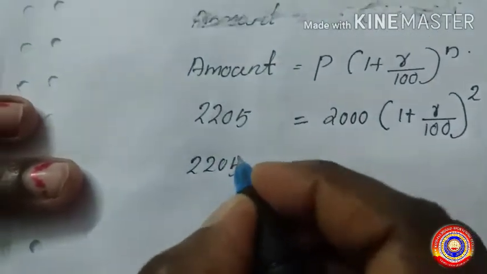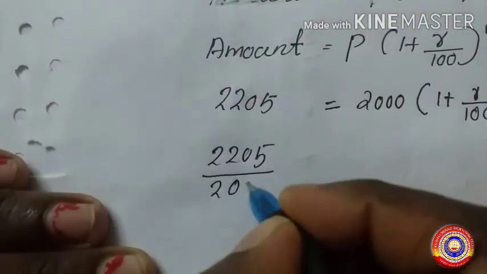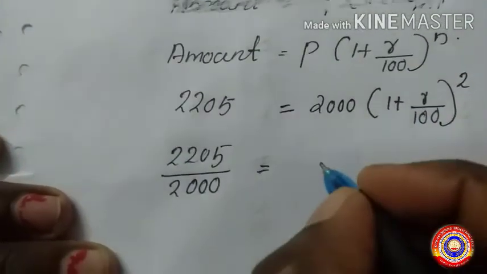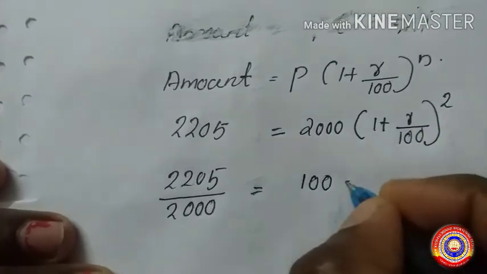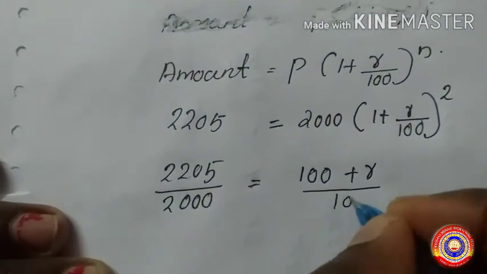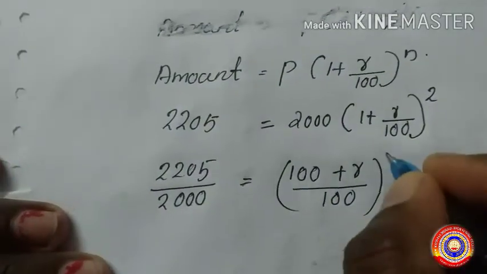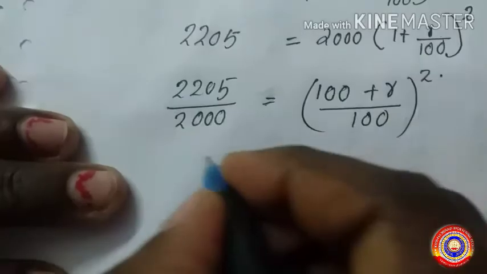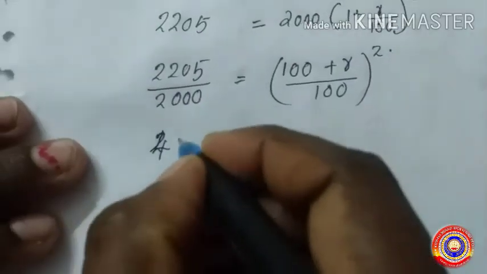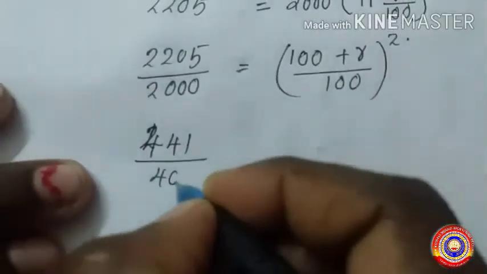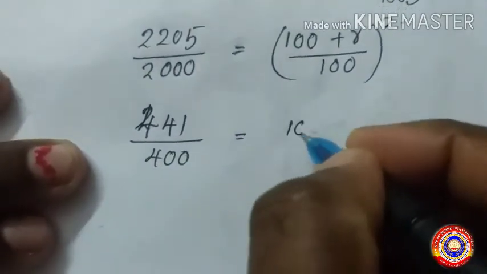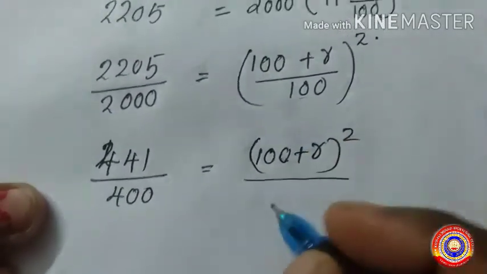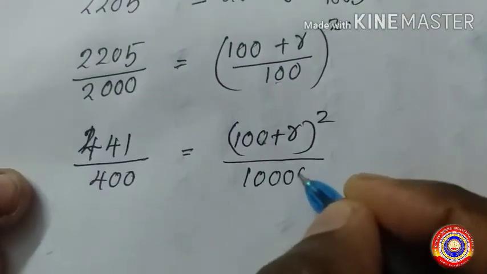Next, 2205 divided by 2000 equal to 1 into 100, 100 plus r divided by 100 the whole square. 2205 divided by 2000 equal to 441 divided by 400 equal to 100 plus r the whole square divided by 100 square, which is 10,000.